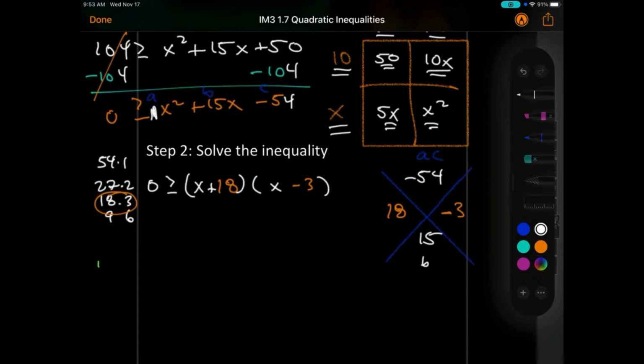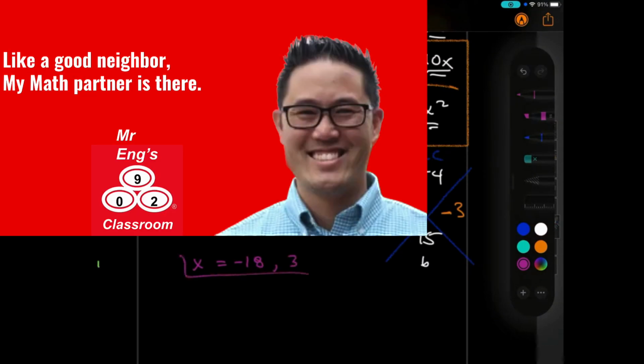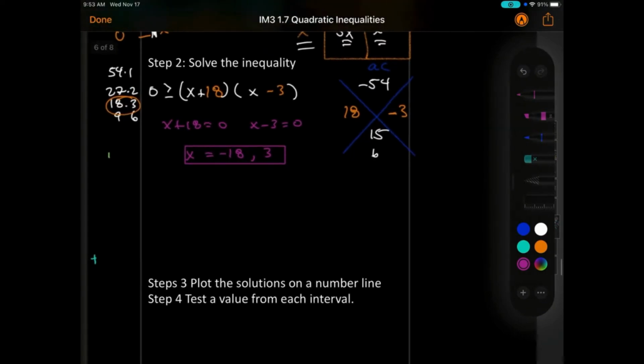If you're not sure, go ahead and just use the box and you'll get x plus 18, x minus 3. Okay, to solve, I'm just going to set each of these equal to 0. It's called the zero product rule. One of these binomials has to equal 0. And you'll get x equals negative 18 and x equals 3. Okay, let's go ahead and plot the solutions on a number line.